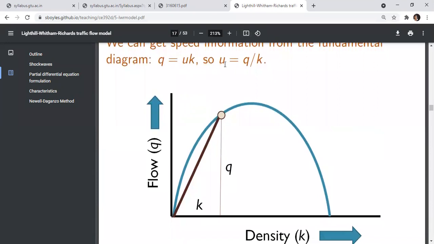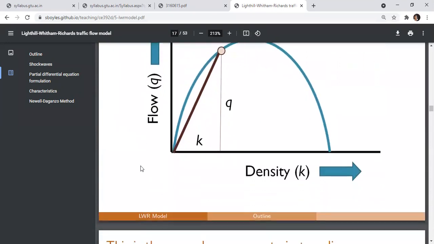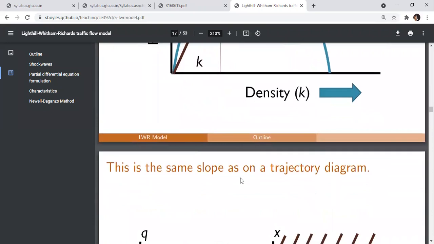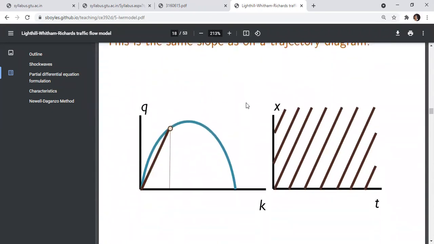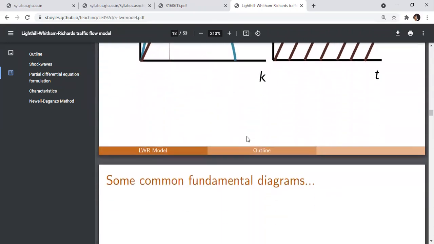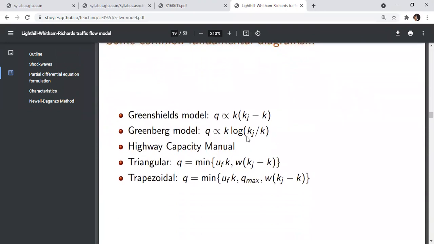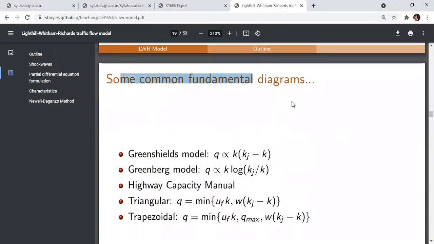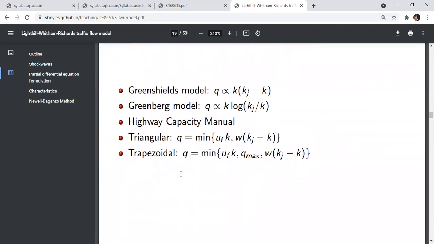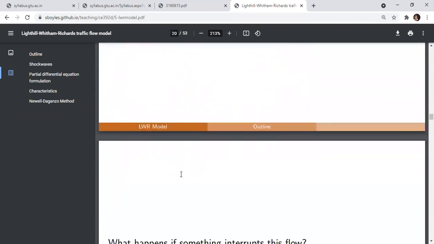Q is equal to UK, so U is equal to Q by K. This is the same slope as on the trajectory diagram. Some common fundamental diagrams are the Lighthill-Whitham model, Greenshields model, Greenberg model, Highway Capacity Manual, triangular and trapezoidal.